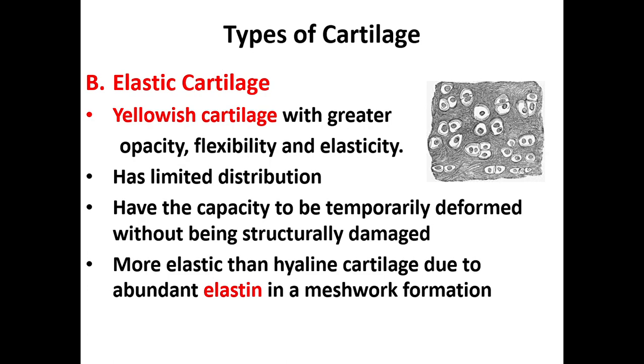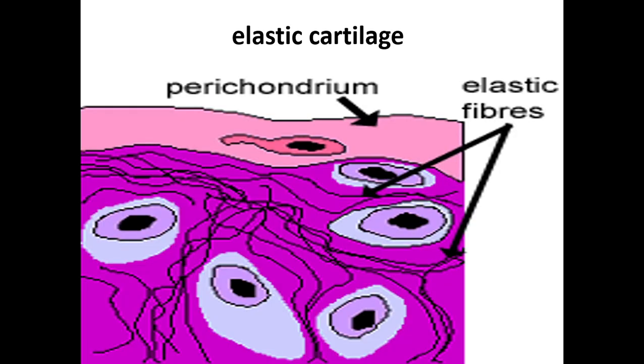With this type of cartilage, we can actually stretch out an elastic cartilage so it will be temporarily deformed without being structurally damaged. The protein making up the elastic fibers is referred to as elastin, and they are arranged in a meshwork formation.